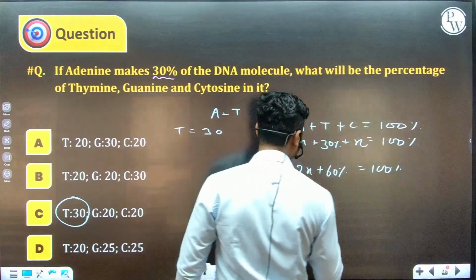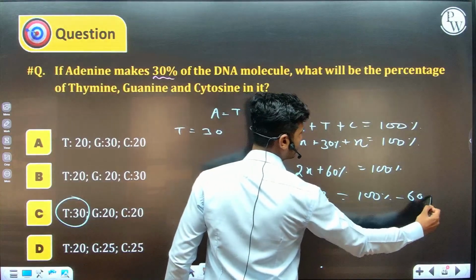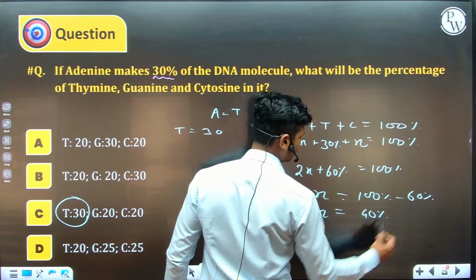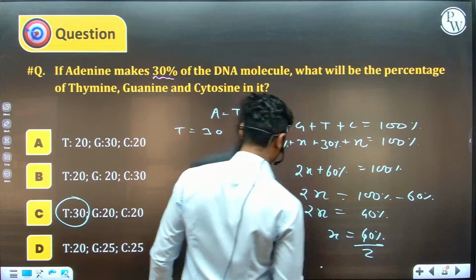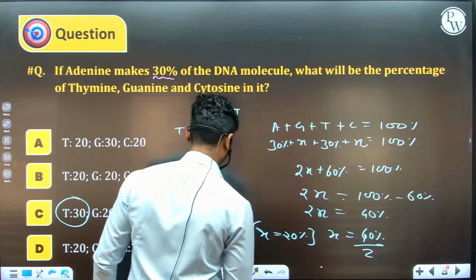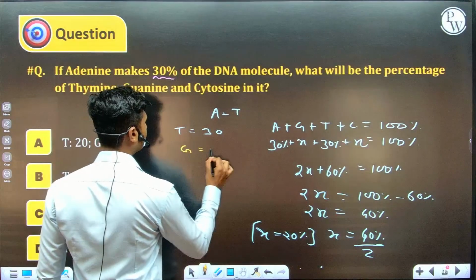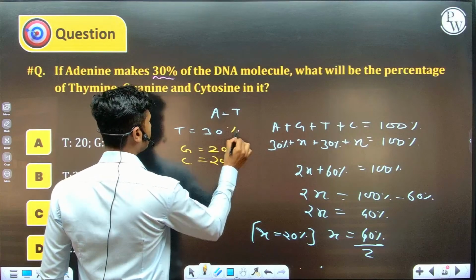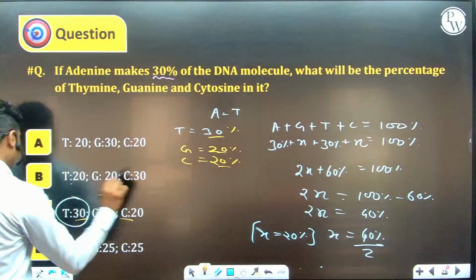Now 2x equals 100% minus 60%, so 2x equals 40%, x equals 40% divided by 2, x equals 20%. It means guanine is 20% and cytosine is 20%. Thymine 30, guanine 20, cytosine 20. C is the correct answer.